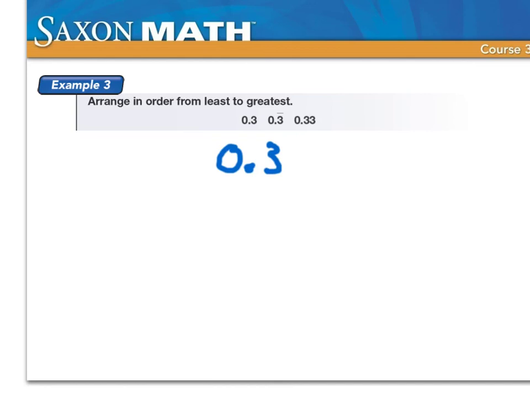Then 0.3 repeating. We need to remember what that means. That means the 3 goes on forever and ever and ever without stopping. So that's like 0.3333, so on and so forth. Notice my decimal points are lined up here. Then the last one is 0.33. So again, keeping the decimals lined up.